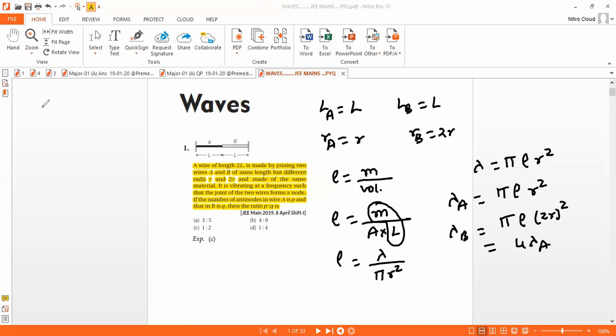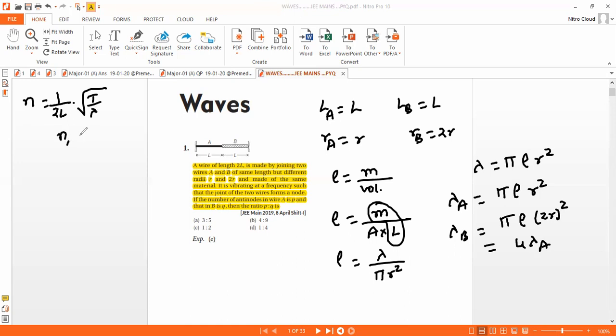Since we know that frequency equals 1 by 2L times under root T by mu, or T by lambda, where mu or lambda defines the linear density.